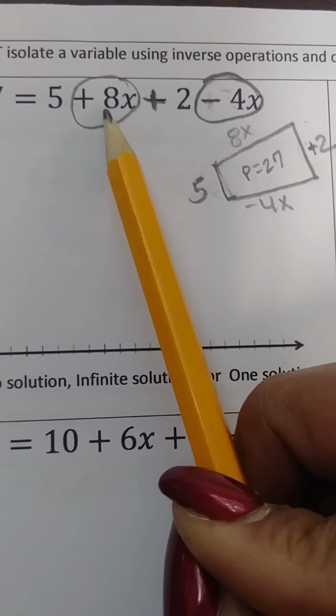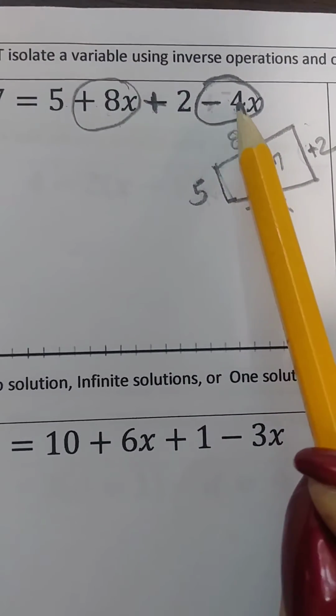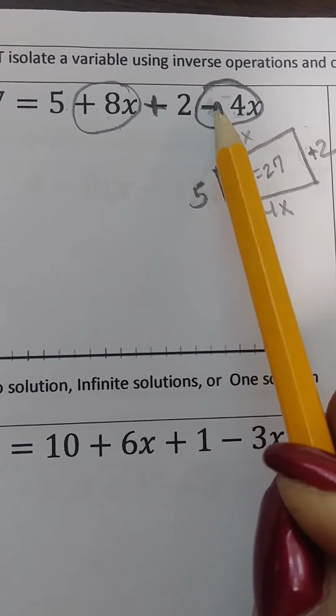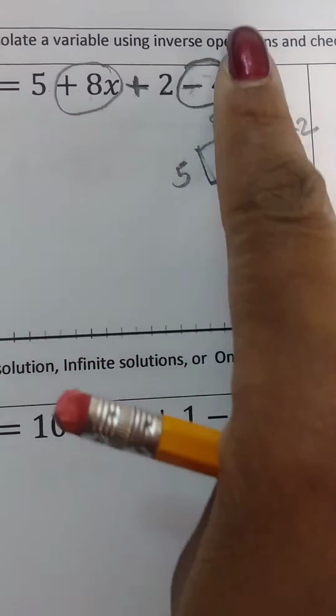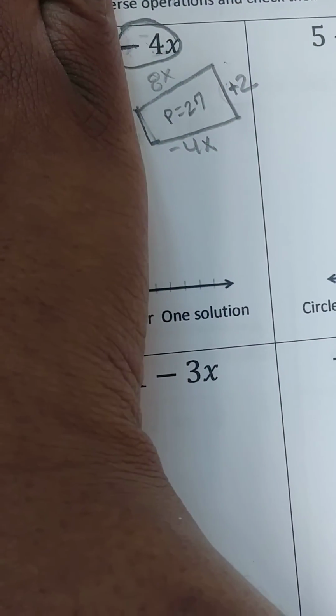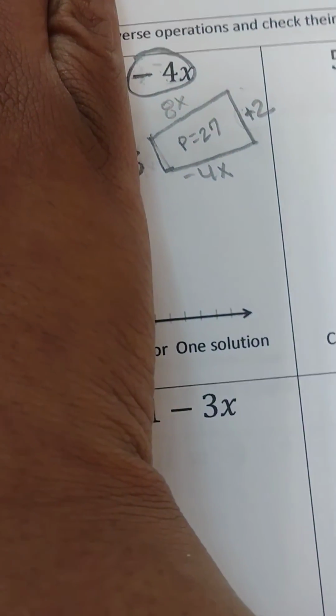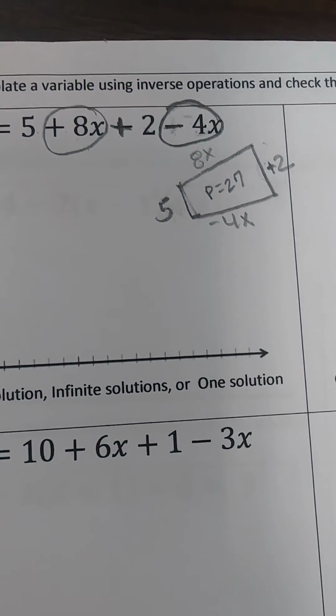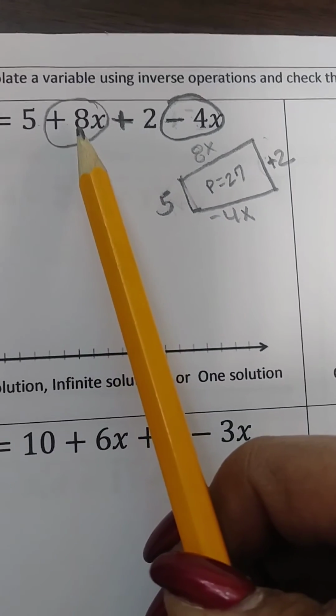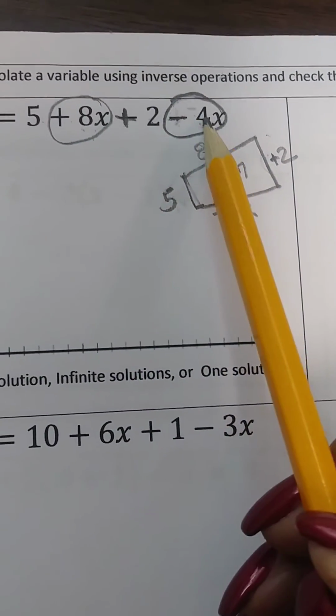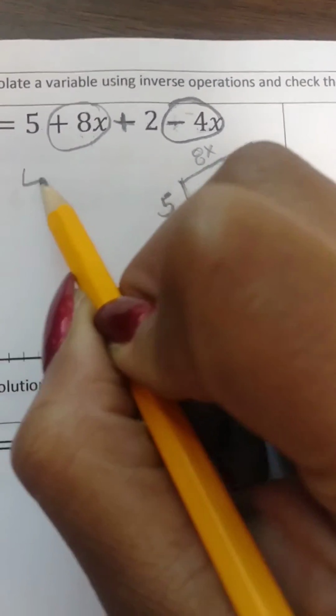So if I'm going to combine 8x and 4x, which has a minus sign in front of it, meaning if I cover up everything else, that's just negative 4. But if I put everything back and I read it, that is what? 8x minus 4x. And that gives us 4x.